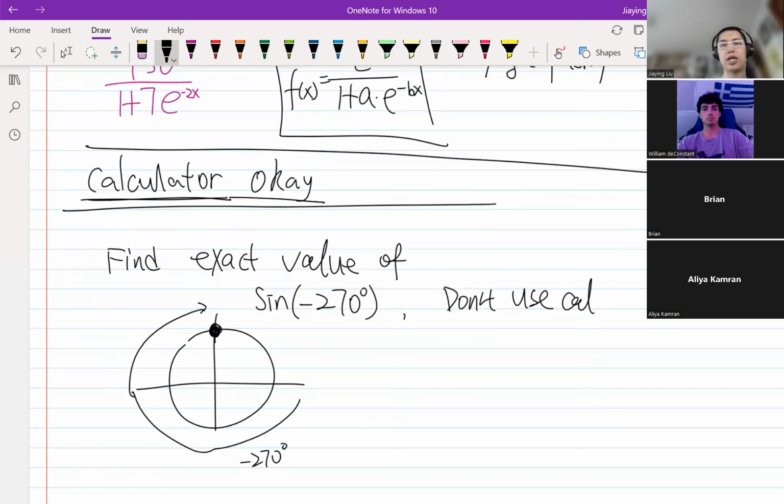In order to find sine, I have to know the y coordinate of that point. Sometimes you might have to draw a right triangle to get the two legs, but in this case, we don't need it. The coordinates for that point are x equals 0, y equals 1. So sine of negative 270 degrees is equal to 1.